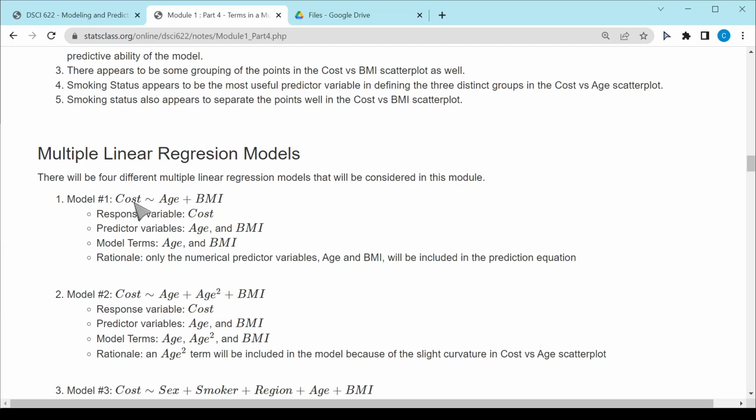I'm going to try to understand cost using just the 2 numerical predictor variables, which are going to be age and BMI. This model has 2 predictor variables, and it also has two terms, one term for age and one term for BMI. So that's going to be model number 1.